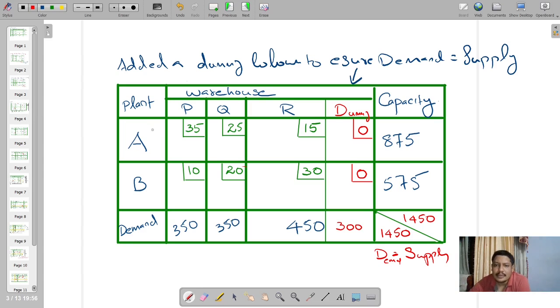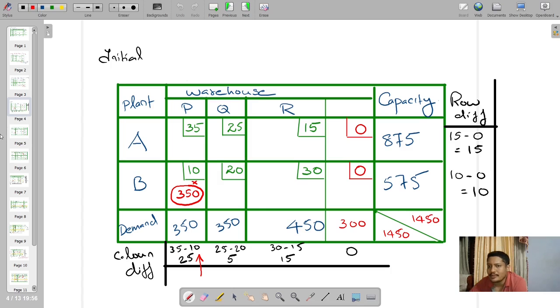So in that case we are going to find the initial feasible solution with the help of Vogel's approximation method.